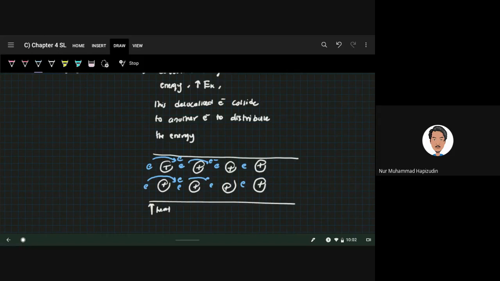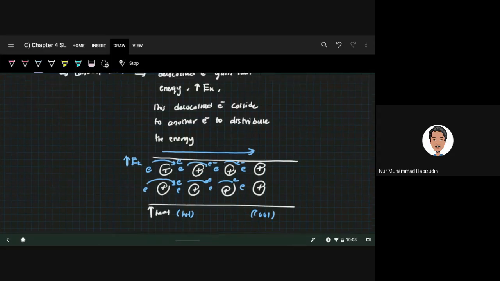When it collides to another electron, it will transfer the energy. Kenapa? This is high kinetic energy. Ni hot area, cool area. And during the movement, it will collide to another electron, so at the same time it will distribute the energy. So that is why heat moves from hot area to the cool area.